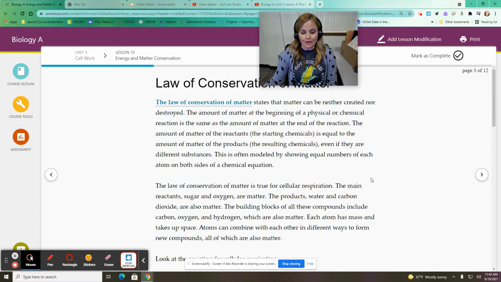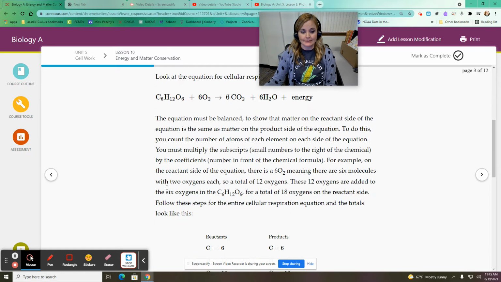When we look at the law of conservation of matter, this discusses how when you have a chemical reaction, you have to have the same amount of stuff when you start the reaction as you do when you end the reaction. You don't lose matter in the process.